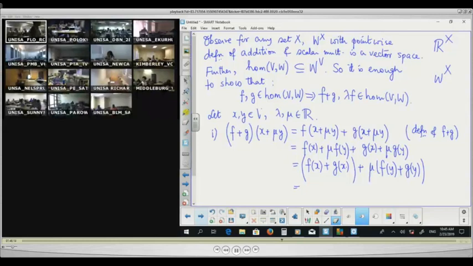Okay? But what is this? This one again, by my definition of F plus G, is F plus G at X plus mu times. So this shows F plus G is a linear transformation.